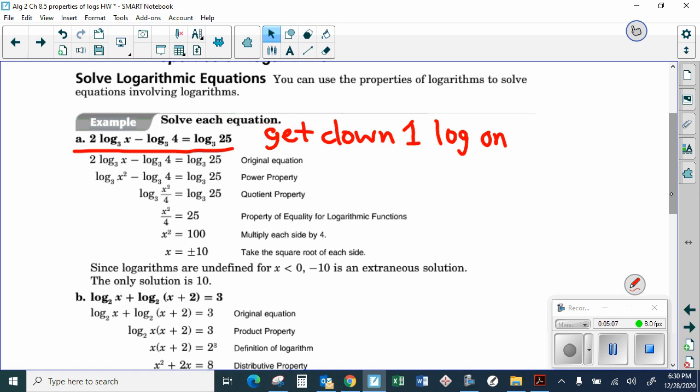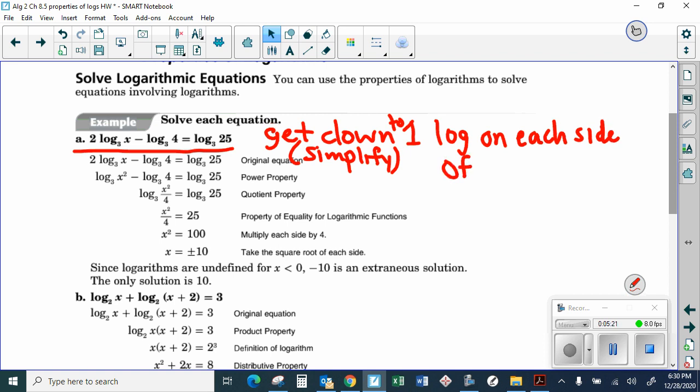That would be simplify, which means combine them down to one on each side of the equal sign. Or you might be able to move it all over to one side as well sometimes and do that.